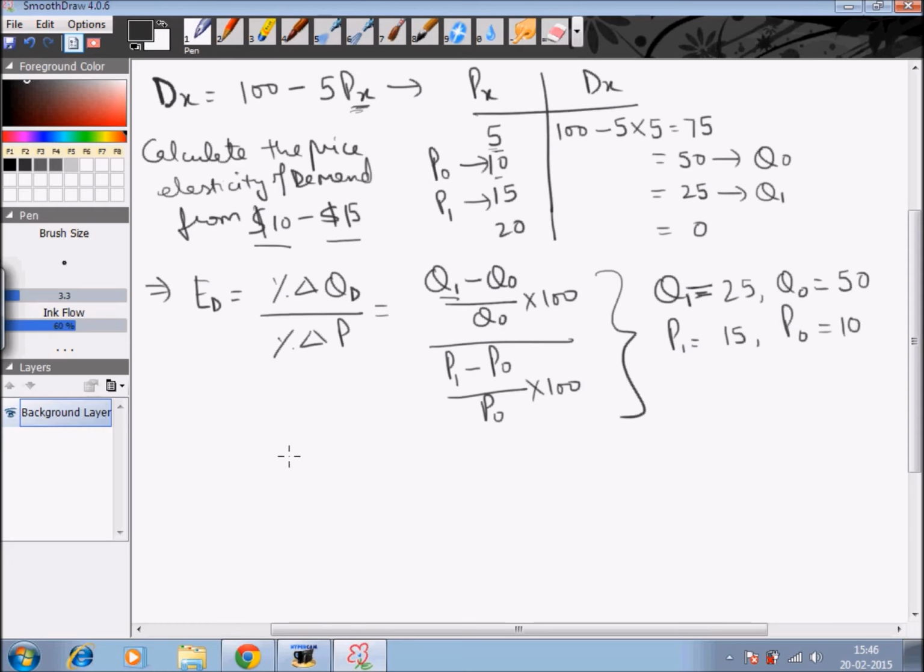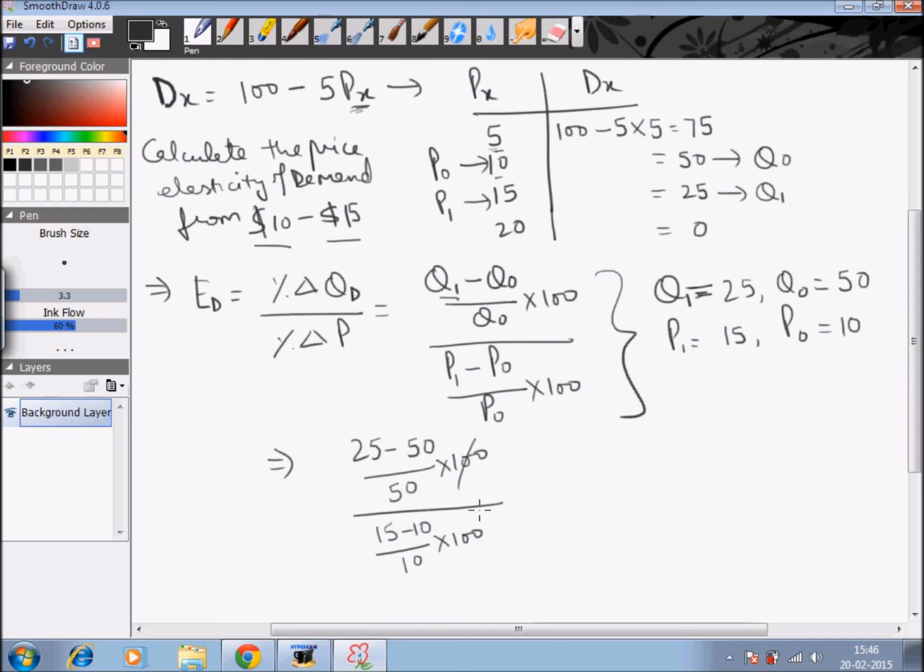Substituting the values in the numerical, we get (25 - 50) / 50 × 100 divided by (15 - 10) / 10 × 100.